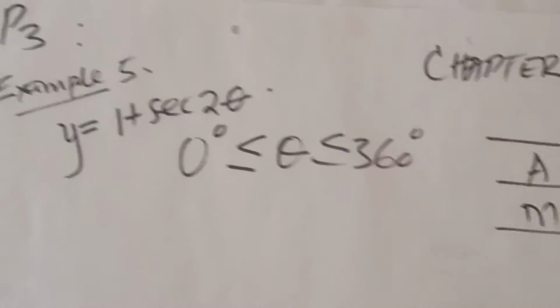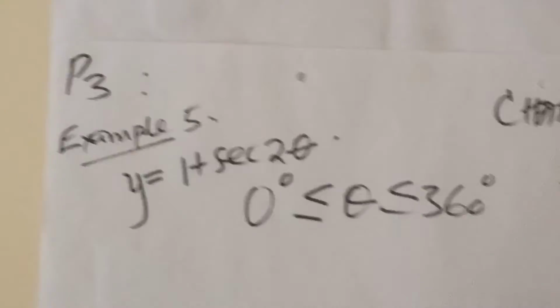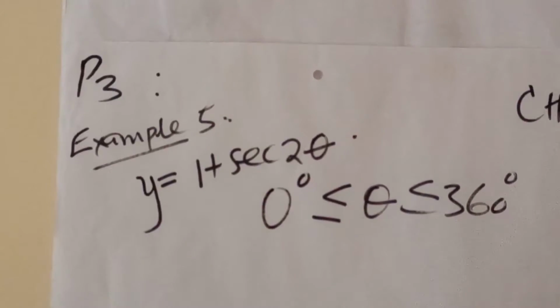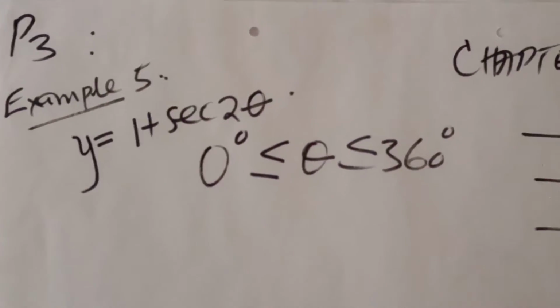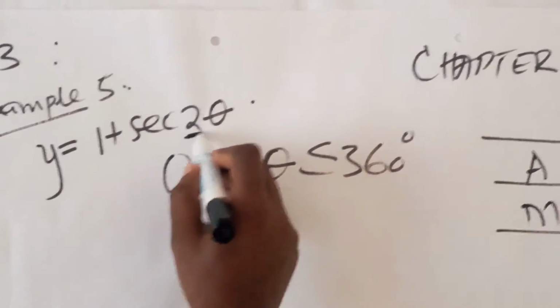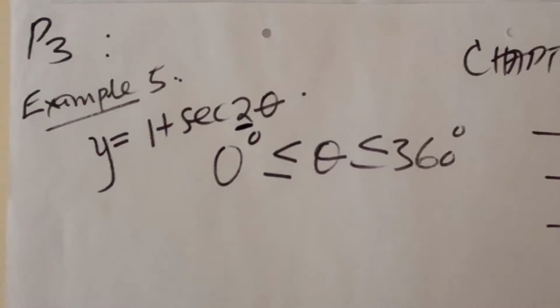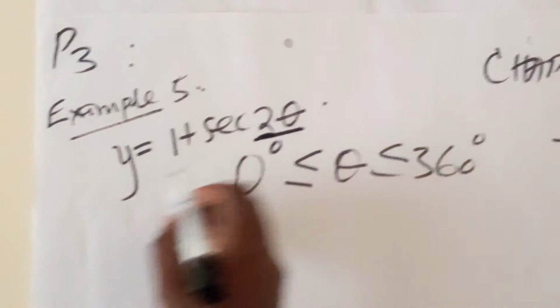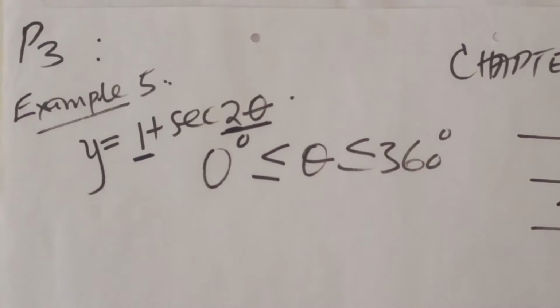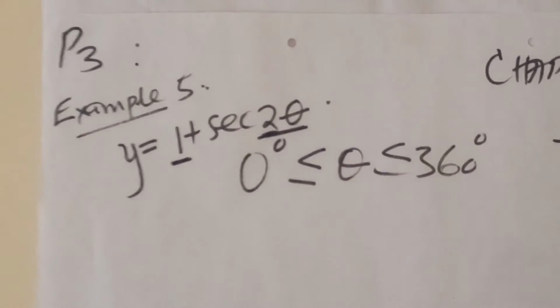As you can see, this function would have been the graph of y equals sec theta, but it has two transformations. This 2 is a multiplication inside, that is one transformation, and there is plus 1, which is addition outside, that is another transformation.